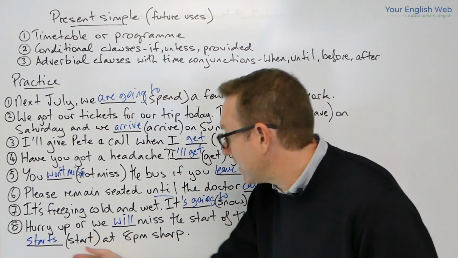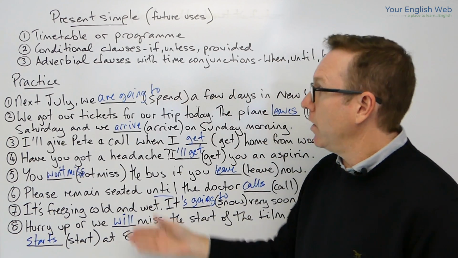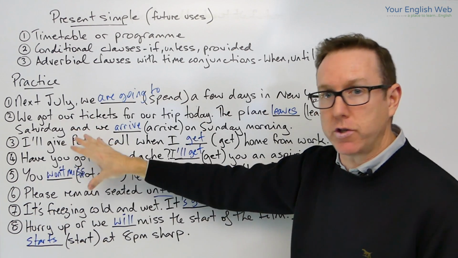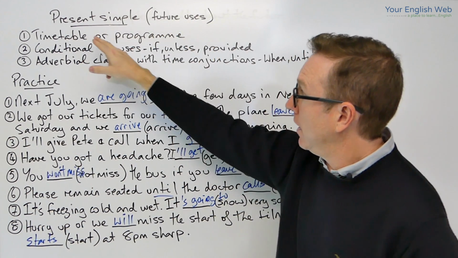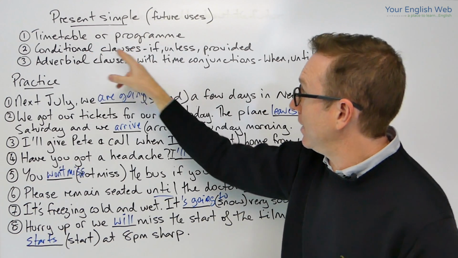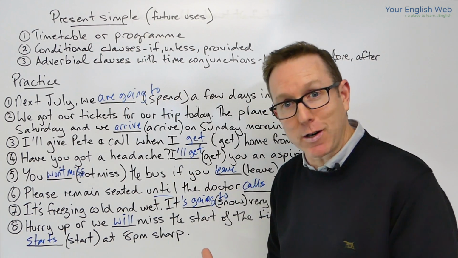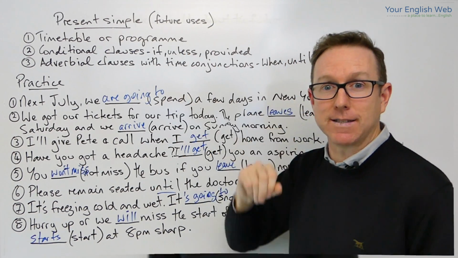It starts programmed at 8 p.m. sharp, all right? So 1, 2, 3, 4, 5, 6, 7, 8 ways to use the future with the emphasis on the present simple for future uses, timetable programs, conditional clauses, adverbial clauses, always subordinate clauses, and you shouldn't go wrong with your future tenses.